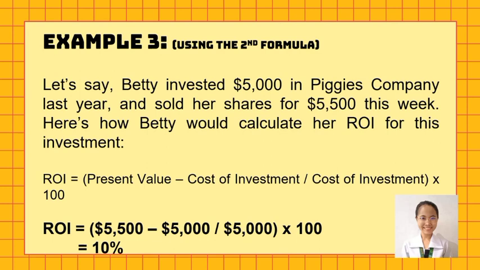Given the second formula, ROI is equal to present value minus cost of investment, divided by cost of investment, multiplied by 100. Therefore, ROI is equal to 5,500, which is the present value, minus the cost of investment amounting to $5,000, divided by $5,000, multiplied by 100. Betty's return on investment is equal to 10%.